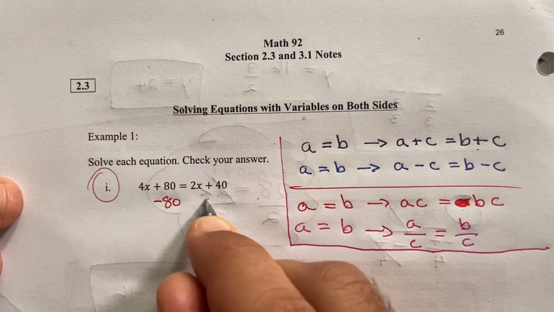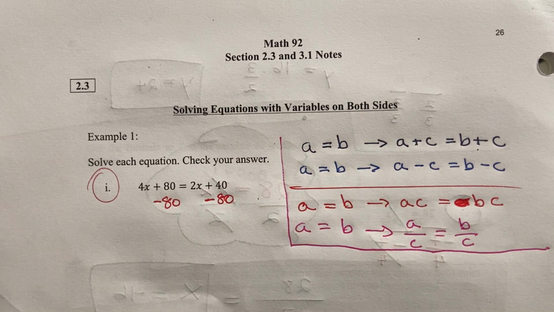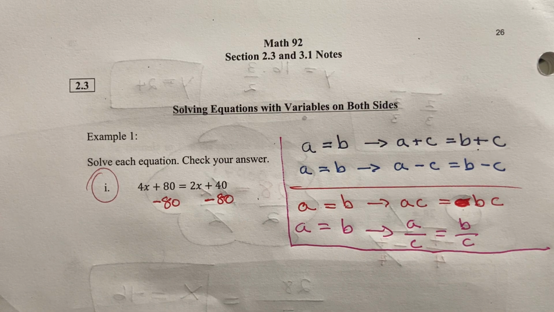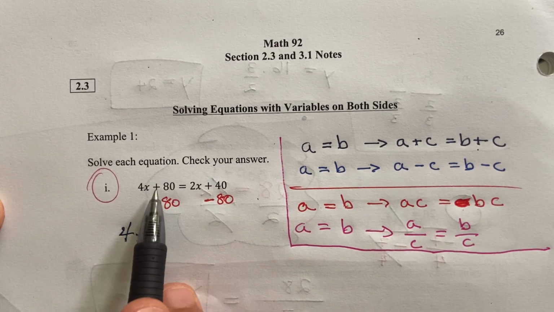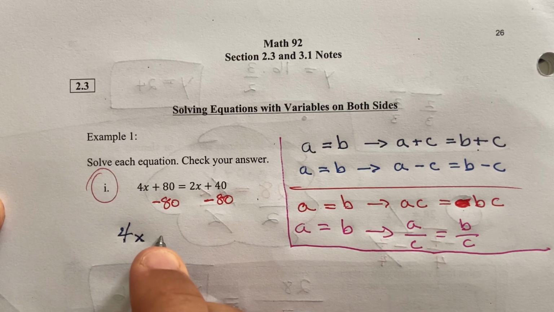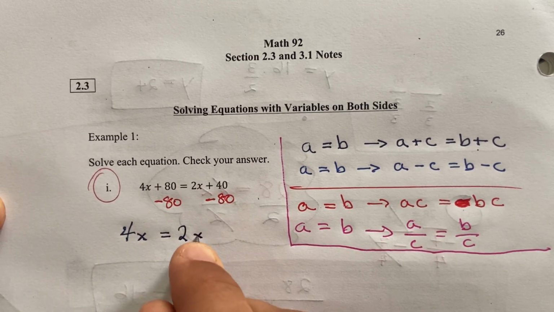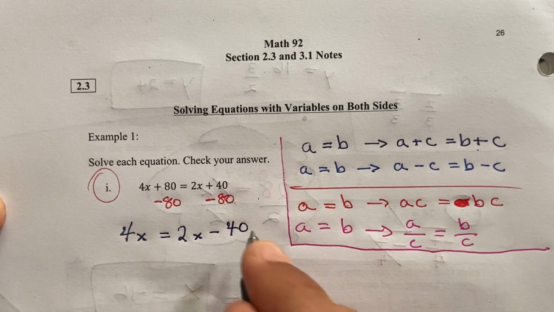So I'm going to subtract 80 as a first step. I'm allowed to do that based on the addition property of equality. So I'll have 4x. Now I have 0 on the left, so I just won't write anything more. And then I have equals 2x minus 40.